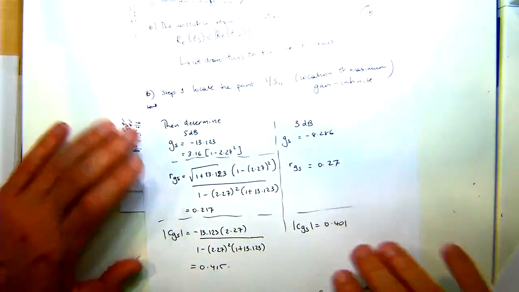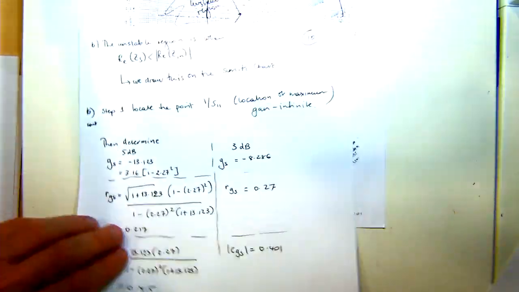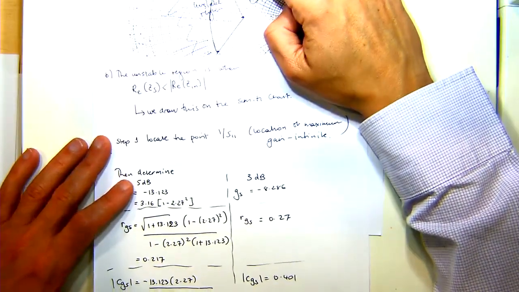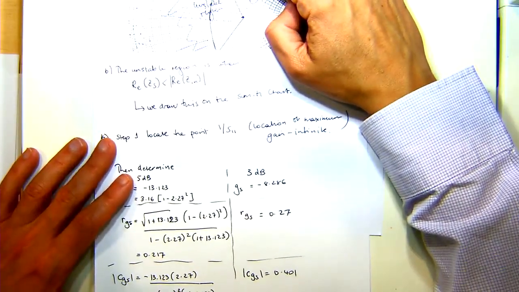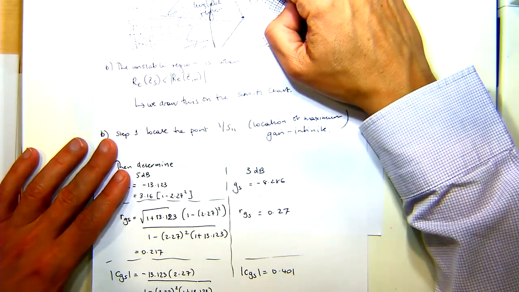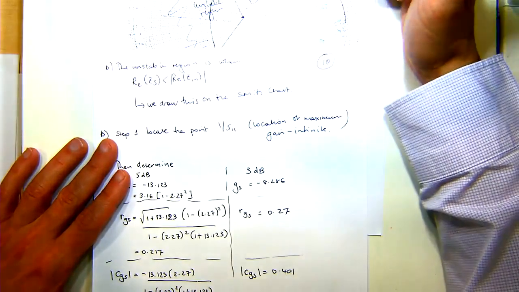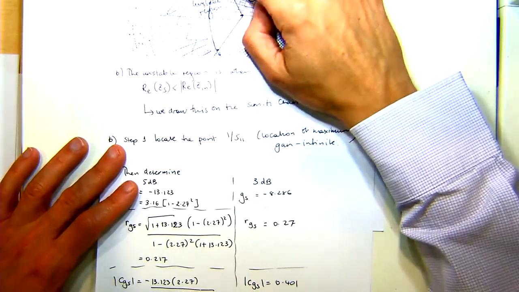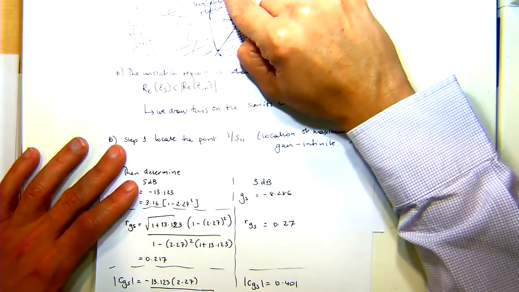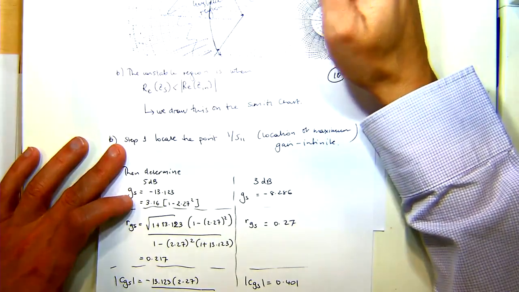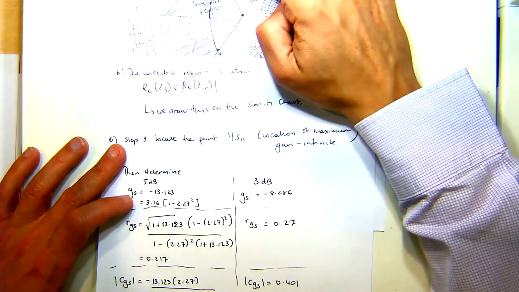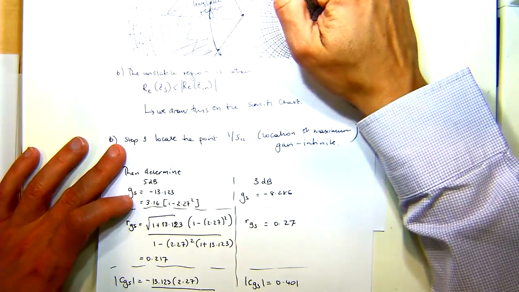Essentially, I want you to then draw the appropriate gain circles. I've actually drawn my 5 dB circle and my 3 dB circle here.